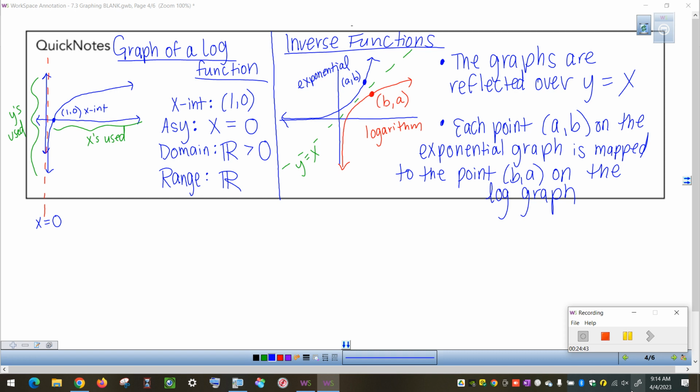When you switch those, it would be log base 3 of x. For the exponential, you could have done 5 to the x. And the inverse would be log base 5 of x. So whatever is the base that's holding up the exponent in the original exponential equation, keep that base the same. Log base whatever, it's that little number down at the bottom, that's the one that it's connected with. That is the inverse.